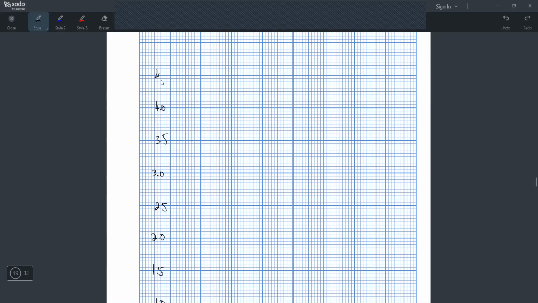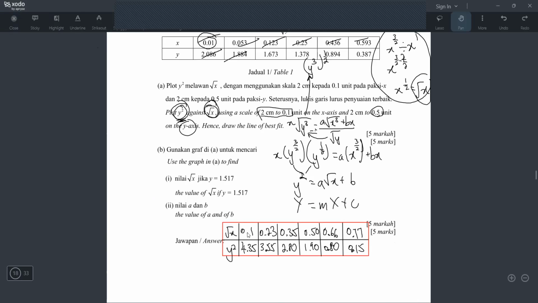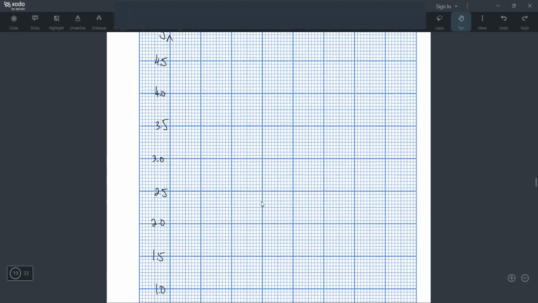And then it's enough already, right? And don't forget to write what the y-axis is. I forget already. I think it's square root y, right? Wait, it's y square. Sorry, y square. That's the y-axis.